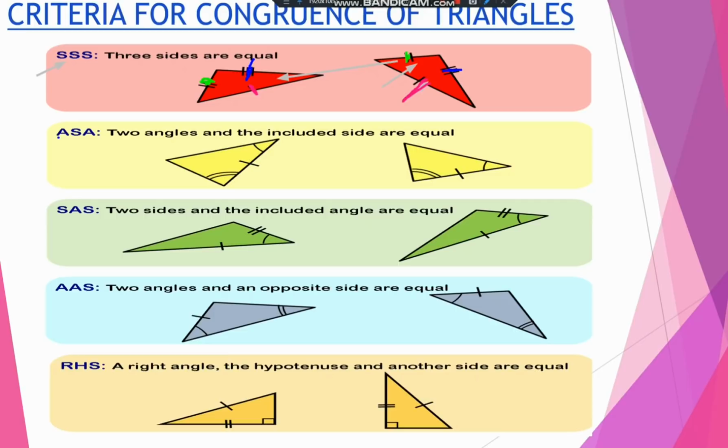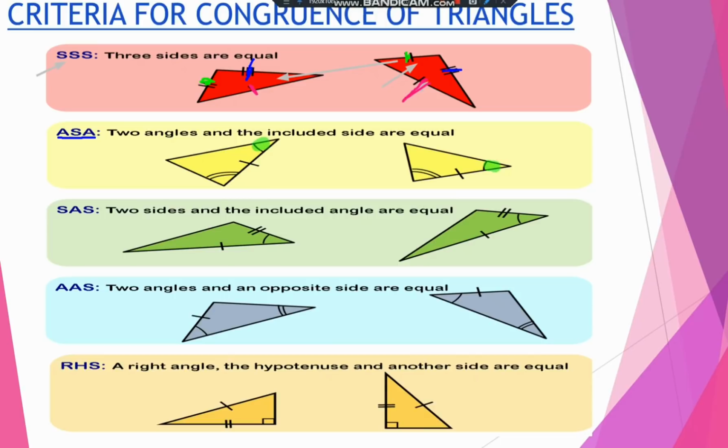Same way in ASA, two angles and one side will be equal, of the two triangles. So here this angle will be equal to this angle.